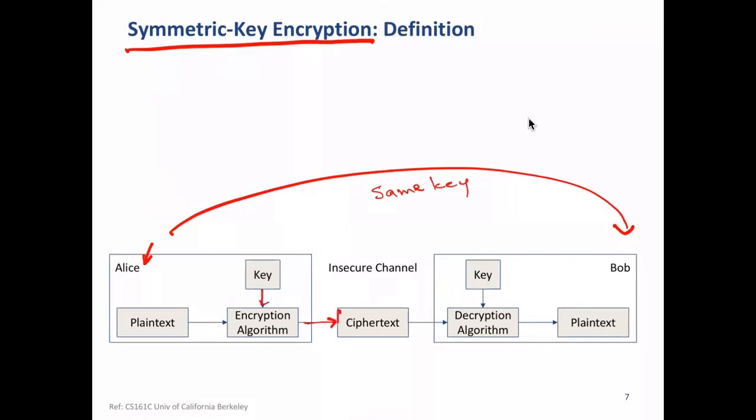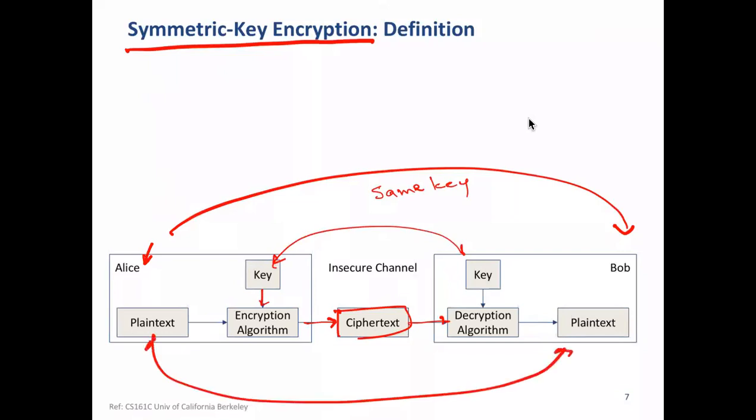Then it becomes ciphertext and goes to the other end, and then Bob uses the same key to decrypt the message and get the plaintext which Alice has sent. So the plaintext which Alice has sent must be the same as the plaintext Bob has got after decryption. This ensures correctness of the algorithm.